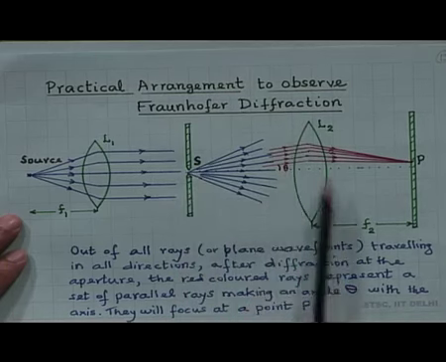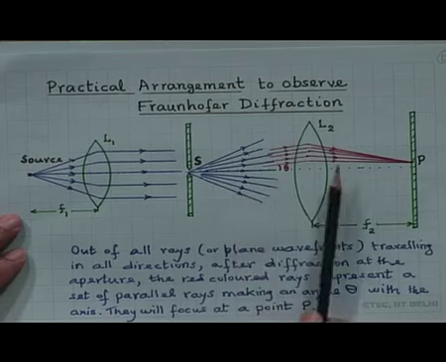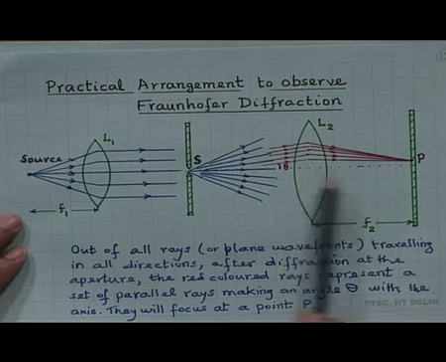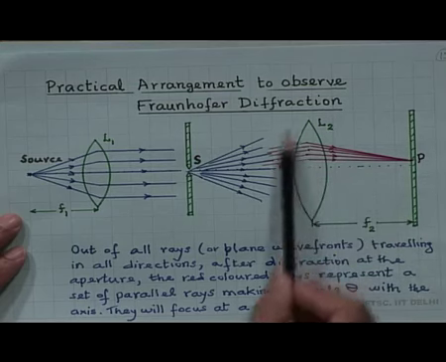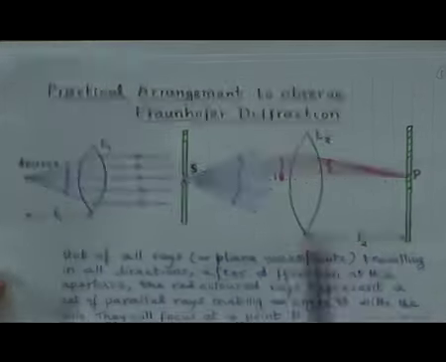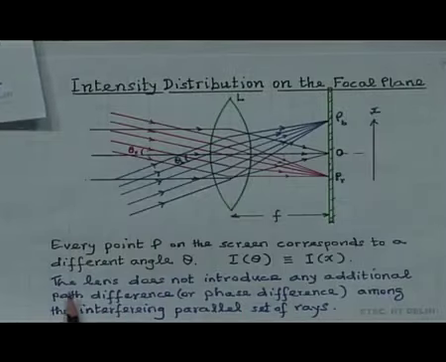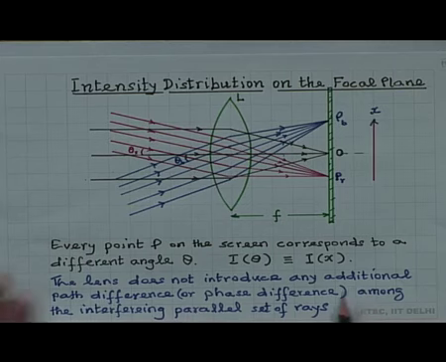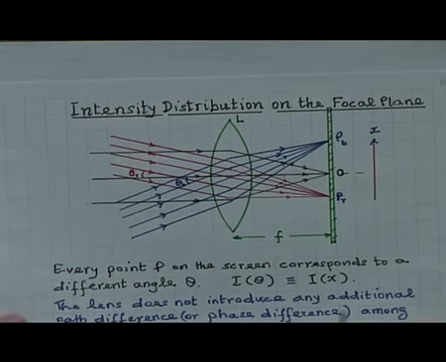Now, we have introduced a lens, and how do we know that the intensity pattern that you get here is not affected by the lens? It is not affected by the lens provided the lens does not introduce any additional phase difference. That is the statement made here: the lens does not introduce any additional path difference or phase difference among the interfering parallel set of rays.